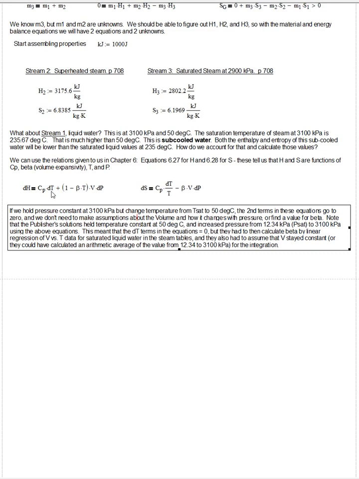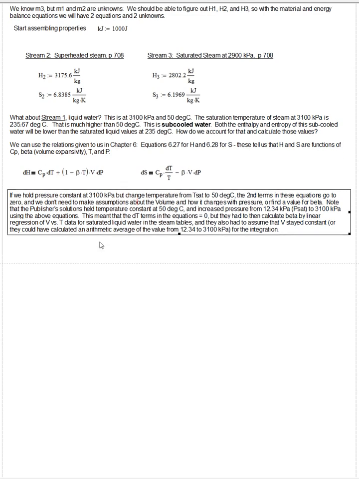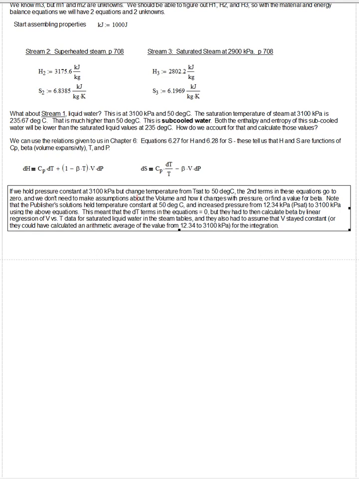If I assume that heat capacity is constant, then I have delta H is equal to Cp delta T. And I can use that to then calculate the enthalpy of subcooled water, because I know the enthalpy of water at the saturation temperature. So if you need to pause it and think about that, that's fine. But let's push on ahead and let's actually do the calculation here.